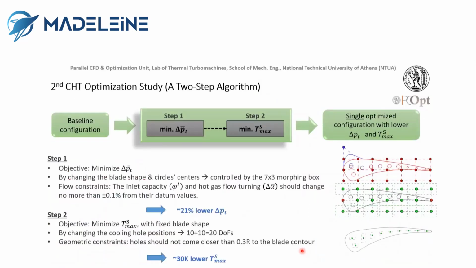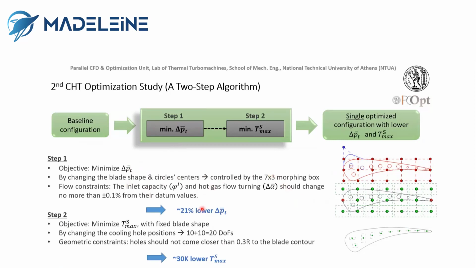A second CHT optimization study in 2 steps is also performed and presented. In the first step, the target is to minimize the total pressure losses subject to constraints on the inlet capacity and the flow turn. In this step, both the shape of the blade and the cooling hole position vary.